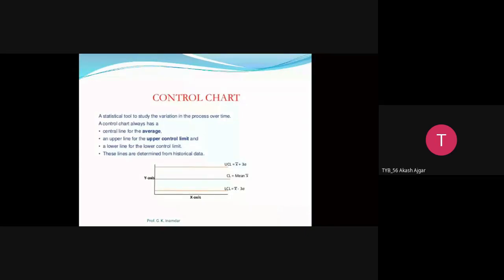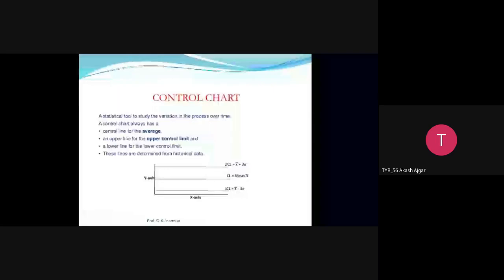It detects variation in the process and warns if there is any departure from the specified tolerance limit. If in that 10 or 15 sample we get a value higher than the upper control limit or lower than the lower control limit, then we have to go for controlling.